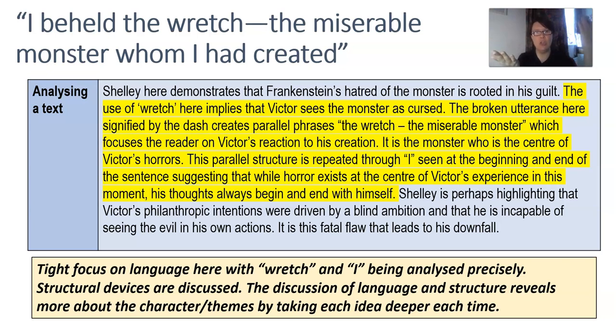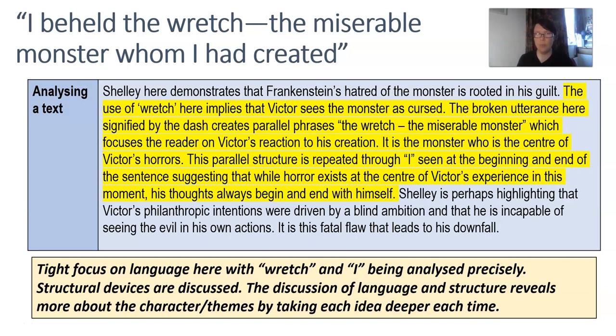The wretch, the miserable monster, which focuses the reader on Victor's reaction to his creation. It is the monster who is the centre of Victor's horrors. This parallel structure is repeated through the I seen at the beginning and the end of the sentence, suggesting that while this horror exists in the centre of his experience in this moment, his thoughts always begin and end with himself.